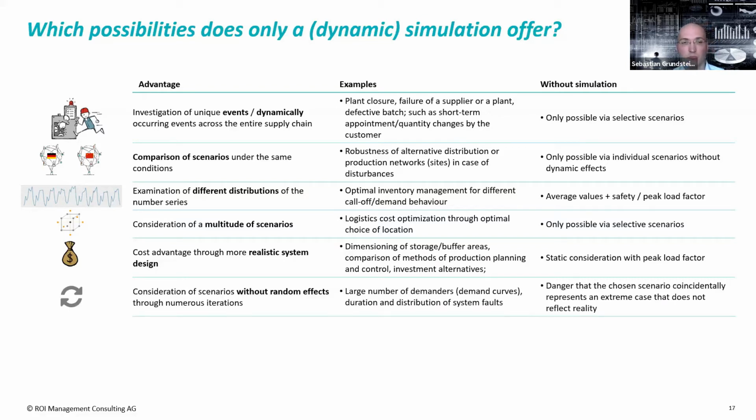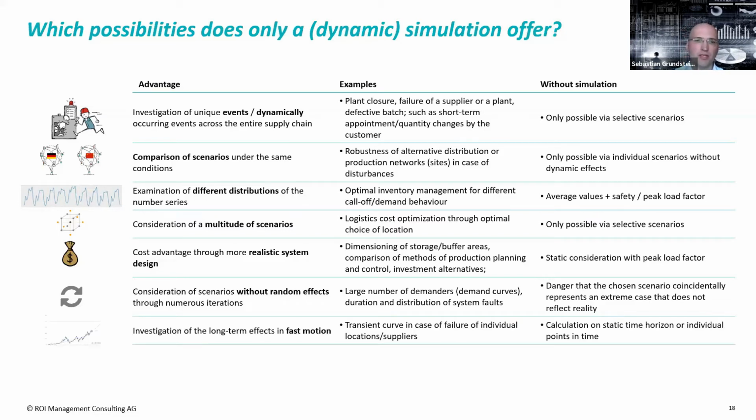And one advantage is that you can consider scenarios without random effects, because, as I said, you have a control loop. You can run a lot of scenario runs and, for example, take the average or the median. So you do not have the danger that you pick one scenario that coincidentally represents an extreme case that is not realistic.